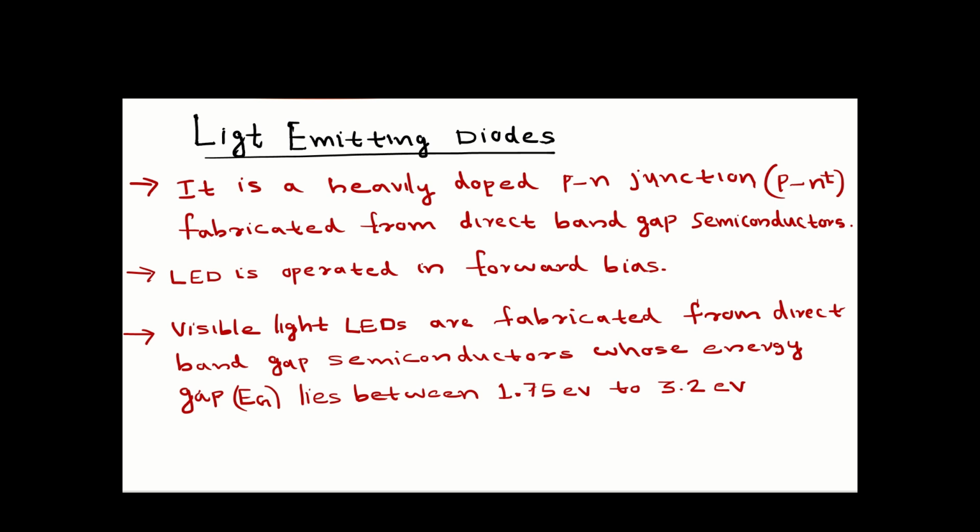A visible light LED is fabricated from direct band gap semiconductors whose energy band gap lies between 1.75 electron volt to 3.2 electron volt. Electron volt is unit of energy. LED can emit visible light, also infrared light, depending on the energy band gap of the semiconductor.